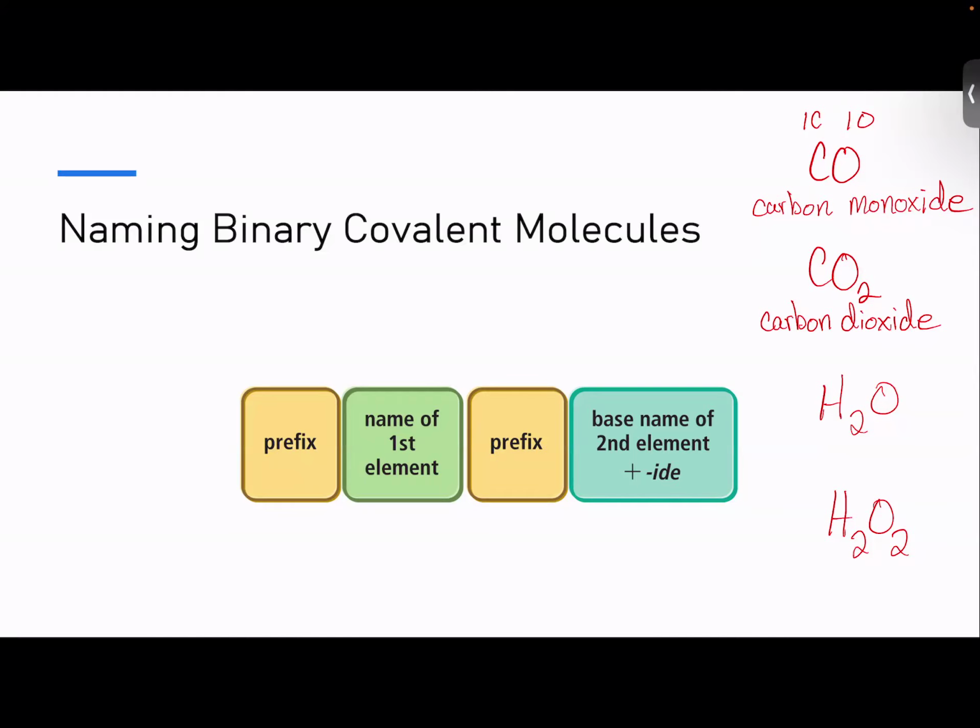Now, I do want to make note of something. The only time you are going to use these prefixes is for the binary covalent molecule.